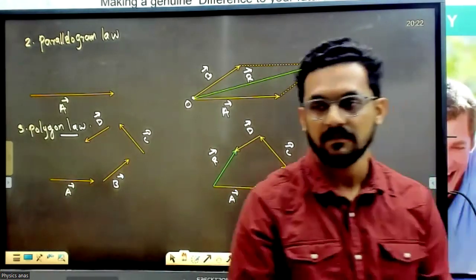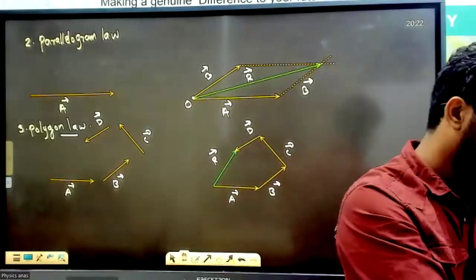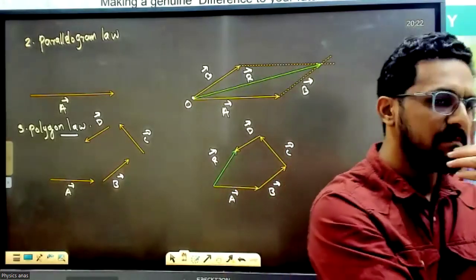Polygon law of vector addition. That's actually simple, right?